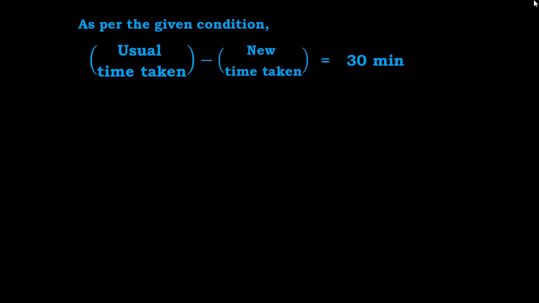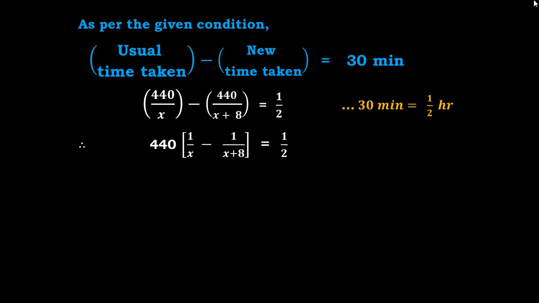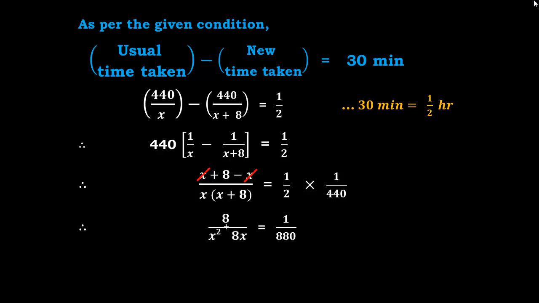At the same time 440 we can bring to the RHS: 1 upon 2 into 1 upon 440. So x plus 8 minus x upon x into x plus 8; plus x minus x gets cancelled. So 8 upon x square plus 8x is equal to 1 upon 880.